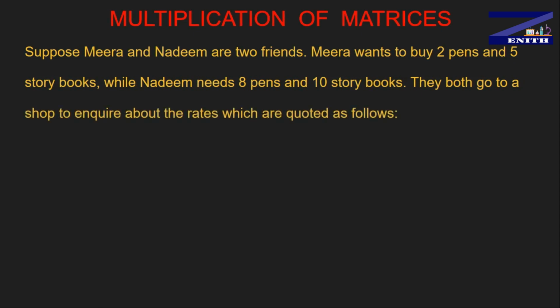They both go to a shop and inquire about the rates, which are given as follows. A pen is 4 rupees each and a storybook is 40 rupees each. So this was the description.